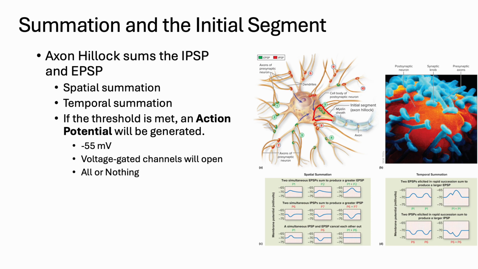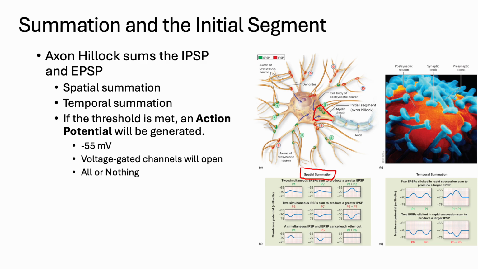There's a way that they can be summed both spatially and temporally. I know this is a little bit small, but if you look at this diagram here below the neuron, this first one on the left, spatial summation, is showing you two different signals coming in at the same time. For example, this first one, P1, you can see that it is becoming less negative, right? And P2 is also becoming less negative, or moving towards depolarization.